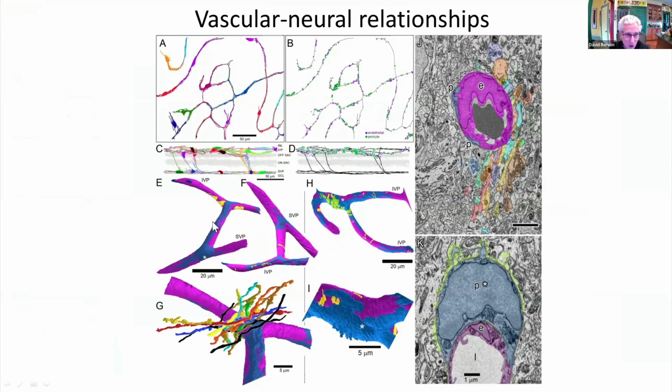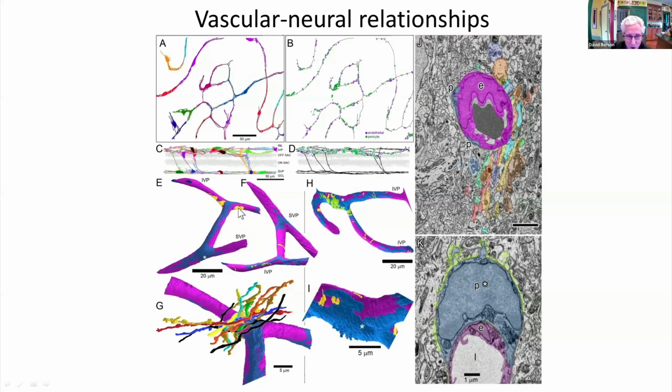And you can work out the connectivity of neurons with these vessels using volume reconstructions. These weren't done with automated segmentation, but with manual reconstructions, so they're very time-consuming. But you can see here the purple endothelial cell, the blue pericyte.